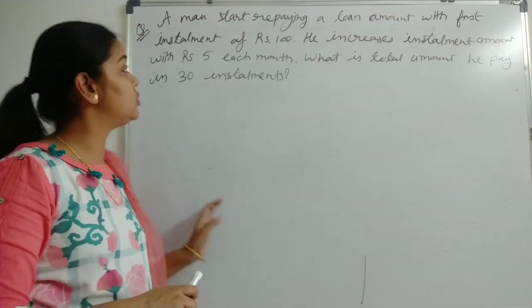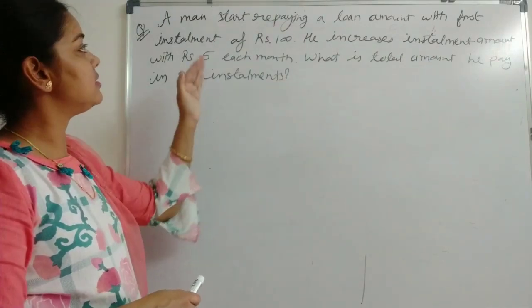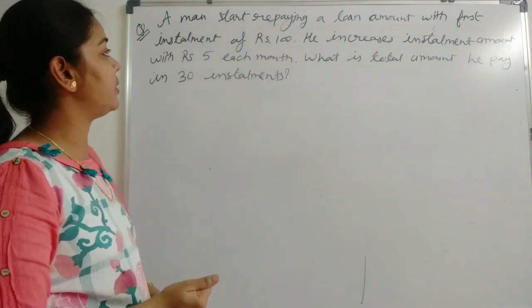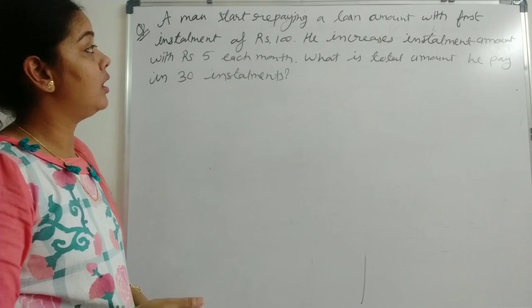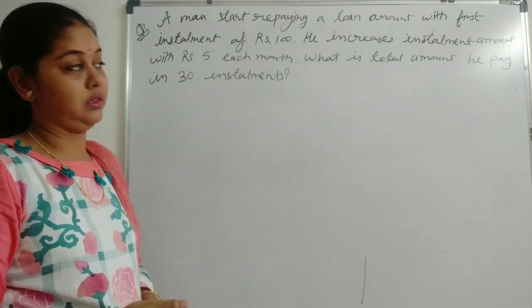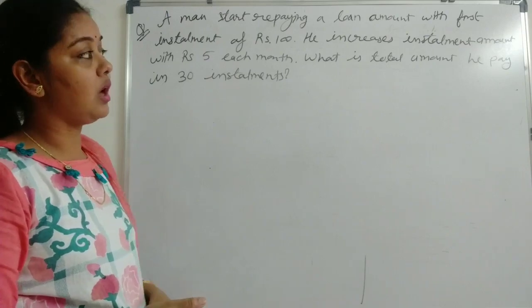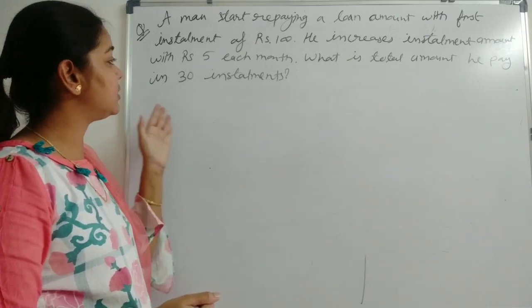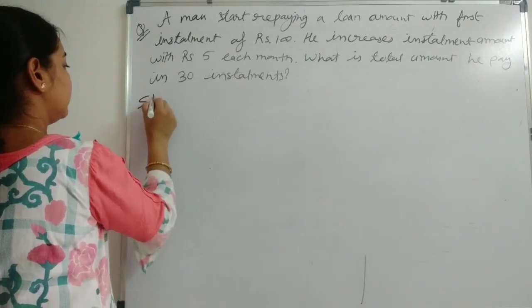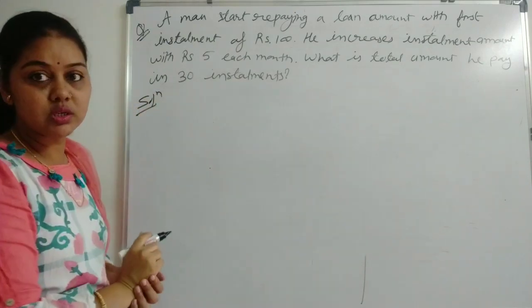A question is given to us. A man starts repaying a loan amount with first installment of rupees 100. He increases the installment amount by rupees 5 each month. What is the total amount he paid after 30 installments? Okay? What is given to us?